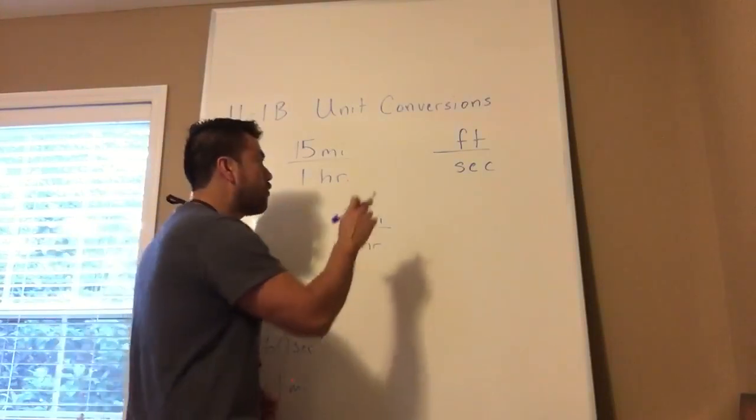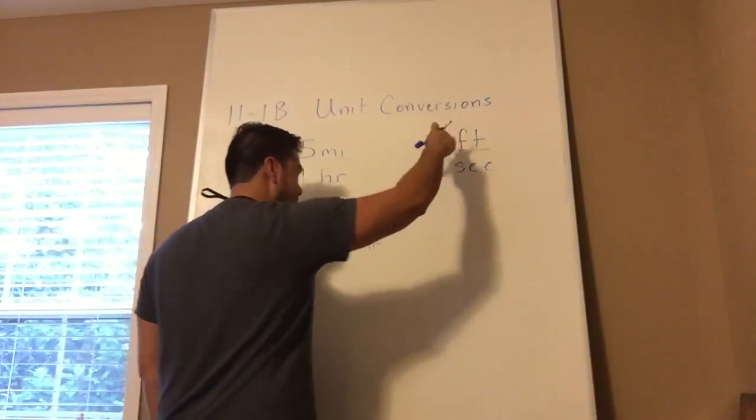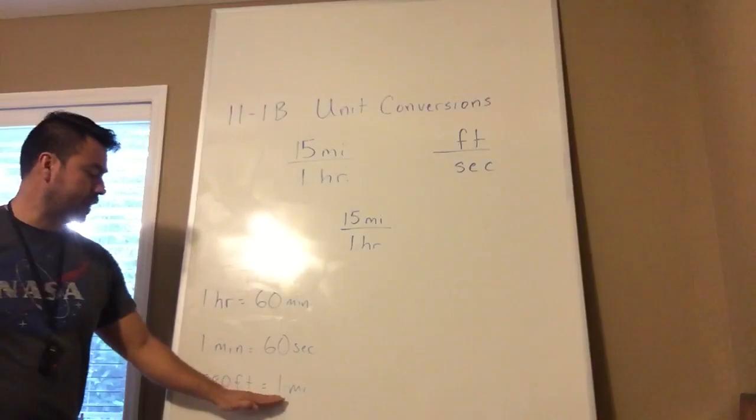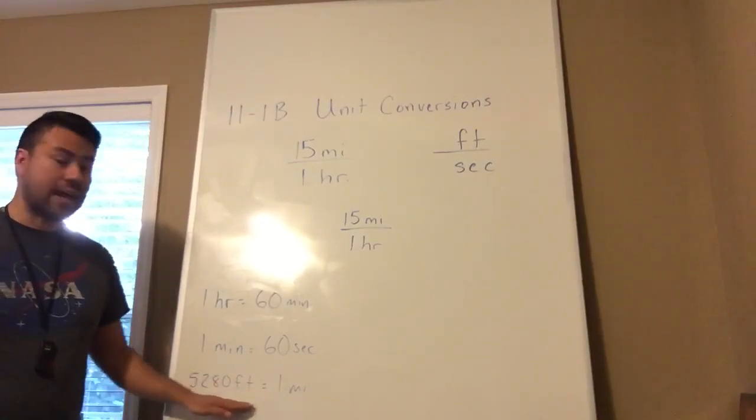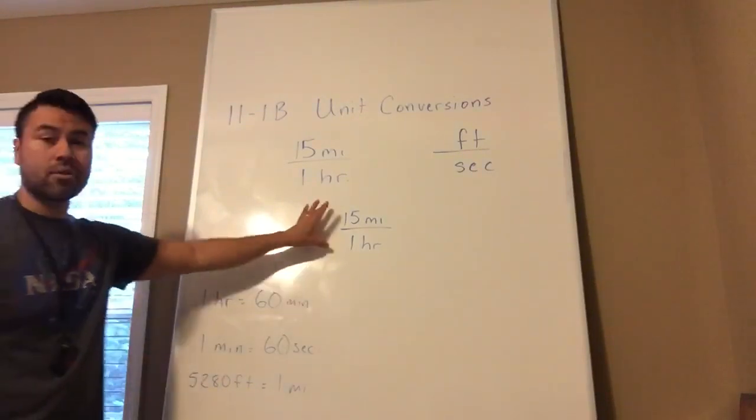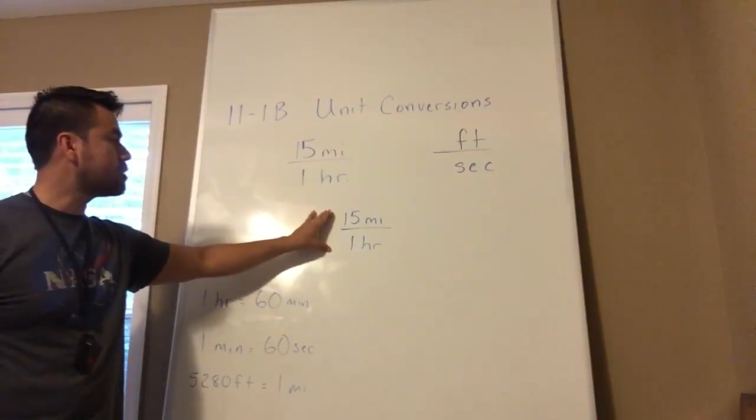So how do I go from miles to feet? Well, I'm going to have to think of this fact right here. 5,280 feet equals 1 mile. That's the fact I'm going to have to know. So using that, I have this 15 miles per 1 hour.